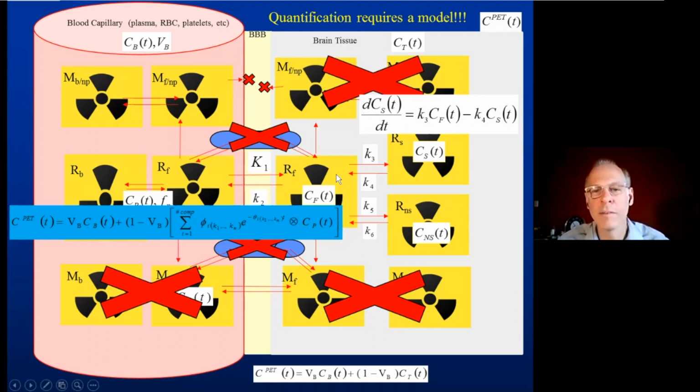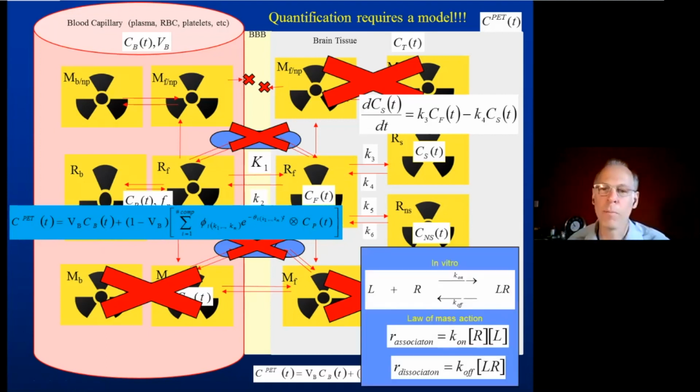Why? K3 describes the transfer of radioligand from the free compartment to the specifically bound compartment. If we think of the in vitro reaction of ligand and receptor, using the law of mass action, we can express the rate of association as a rate constant of association of ligand and receptor times the concentration of available protein of interest times the concentration of free ligand.